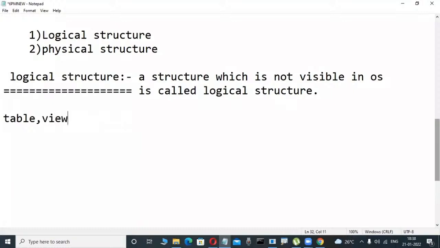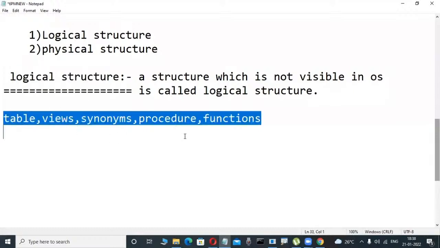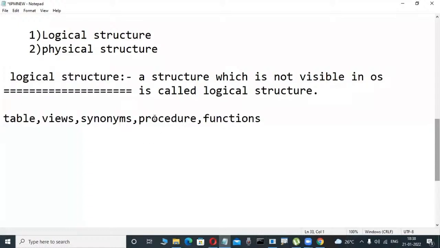Views are there, synonyms are there, indexes are there. These are all database objects. Procedures, functions, triggers, packages, so many things. These are all logical structure. They are not visible in the operating system. Whatever objects we are learning in this course, so many objects, are not there in the operating system.